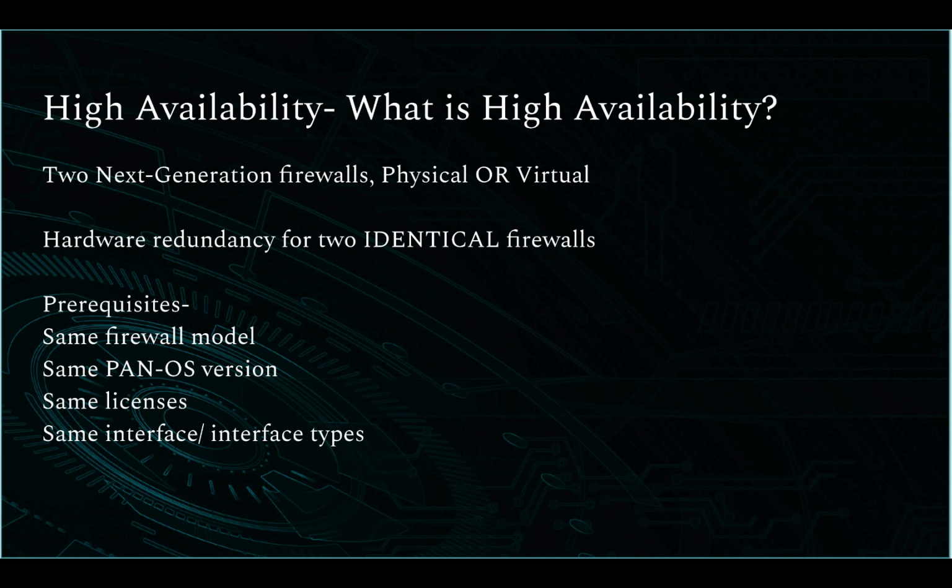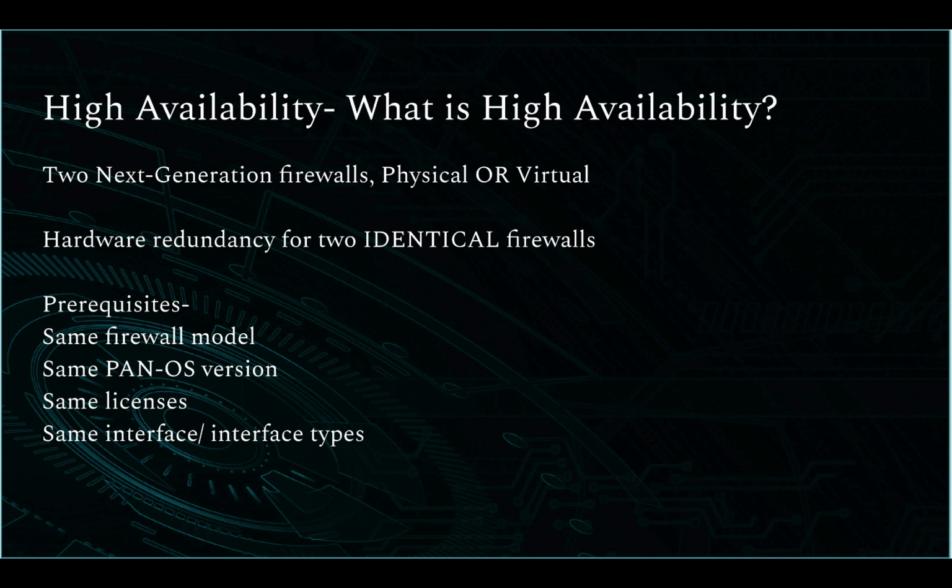Most enterprises will choose to do horizontal scaling rather than traditional high availability within public cloud, specifically because it gives them the ability to go past two firewalls and go to 3, 4, 5, a dozen firewalls and put them behind a load balancer rather than being limited to just two. We see this much more within the physical firewalls.